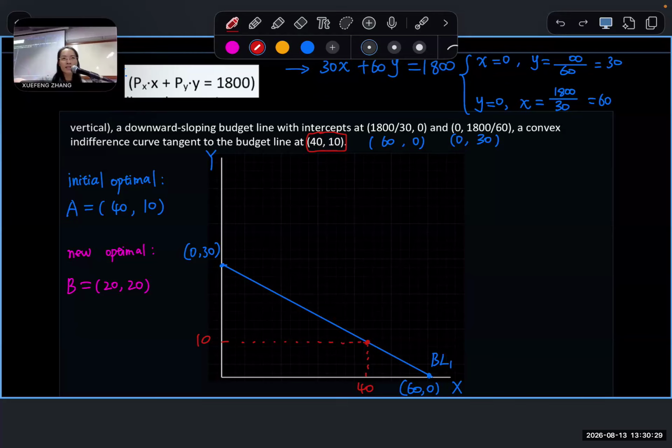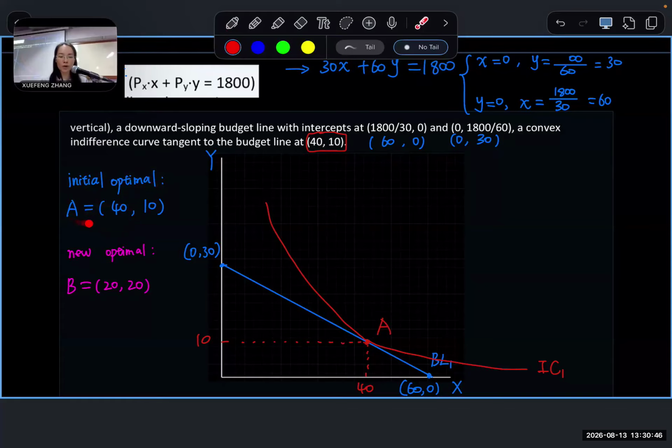You can erase it and draw it again. Okay? Pencil, please. So this is our IC1, all right? Point A. This is our initial optimal, which is (40, 10). Okay, so this is about this graph.